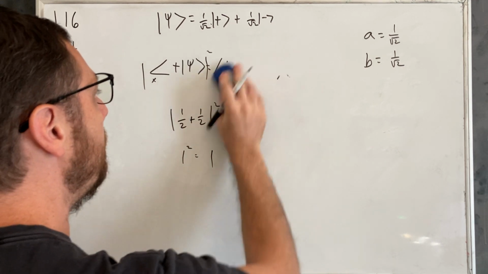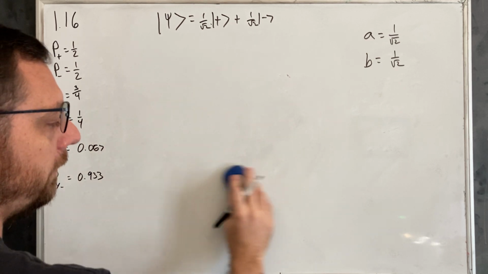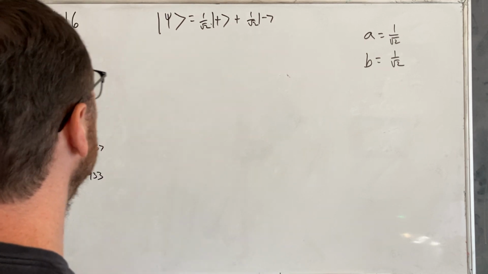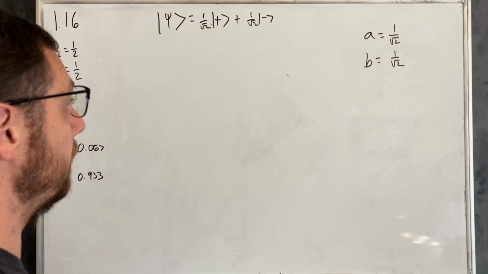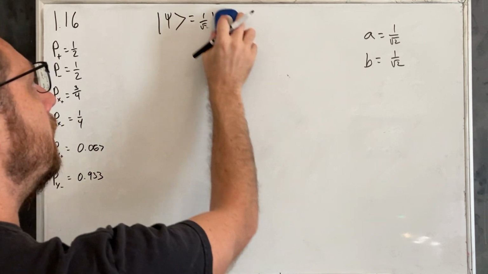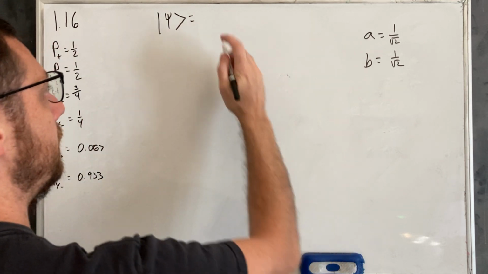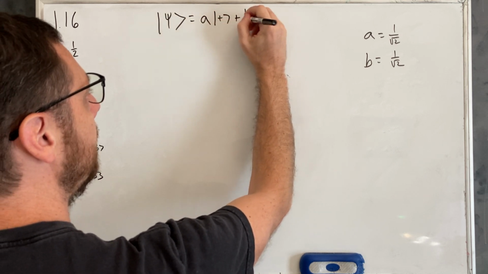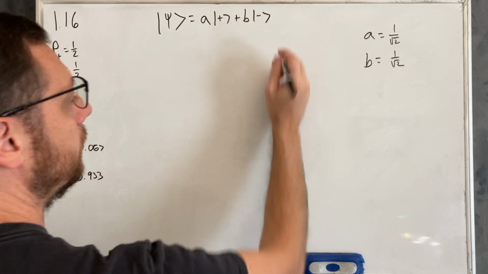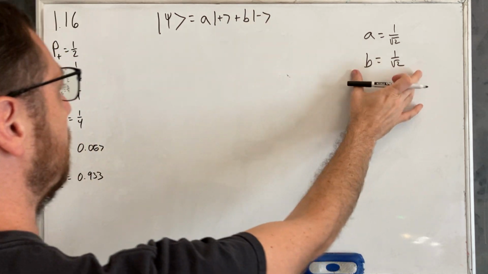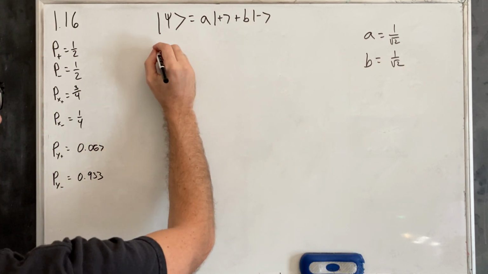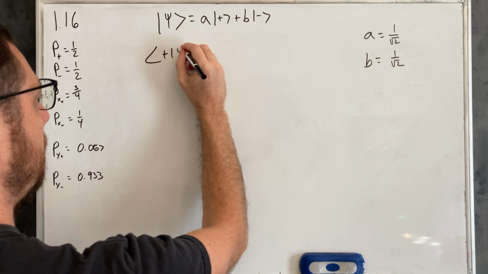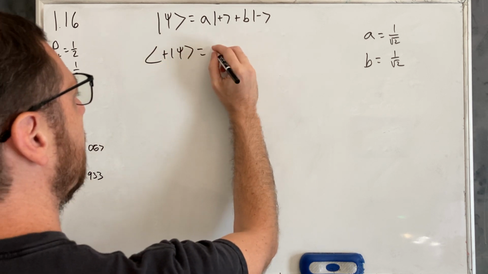So let's actually go backwards a little bit. I'm taking a little bit longer to solve this one because I really want to highlight some fundamentals here. So let's go back to the original equation and say A up plus B down. Okay, so we know this didn't work. Let's redo this again.